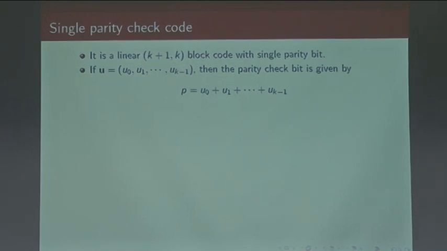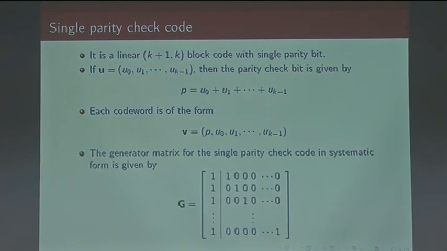So what will be the overall weight of this code word? Will it be even or odd? Even. So you can see this will result in even weight code words. Now, I can write my code word in this form. This is the single parity check bit, and these are my information bits.